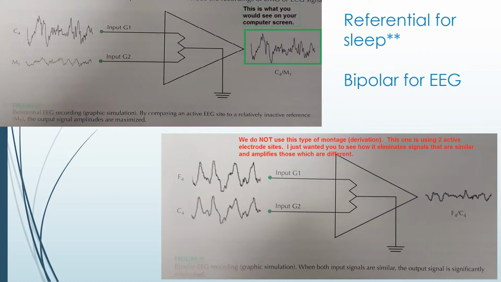We want to find out about that lobe. We want data on that, so that would be an exploring electrode. And when you compare that to C4, those two are very close to each other. They're going to have very similar electrical activity.